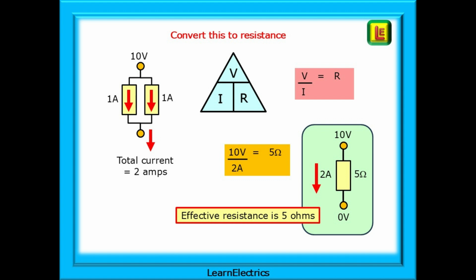Can we replace the 2 resistors with just 1 resistor and still have 2 amps of current? What value should this new resistance be? Using Ohm's law again, voltage divided by current will tell us what this new resistance should be. 10 volts divided by 2 amps is 5 ohms of resistance. The new resistance, the effective resistance, is 5 ohms.